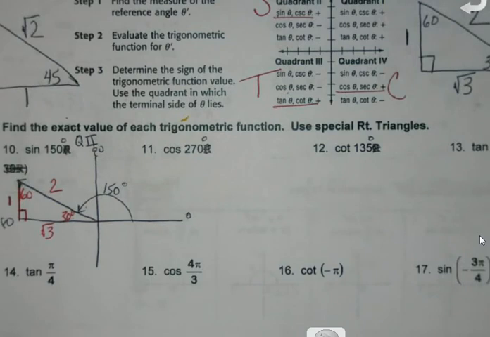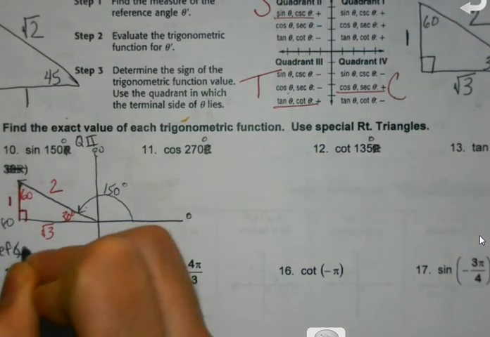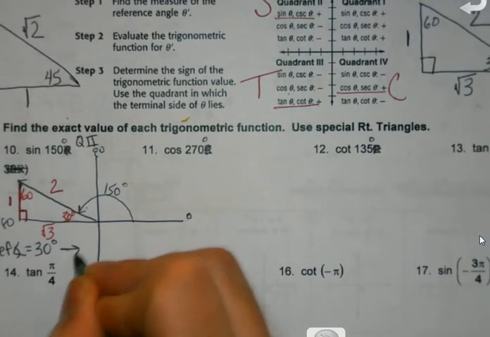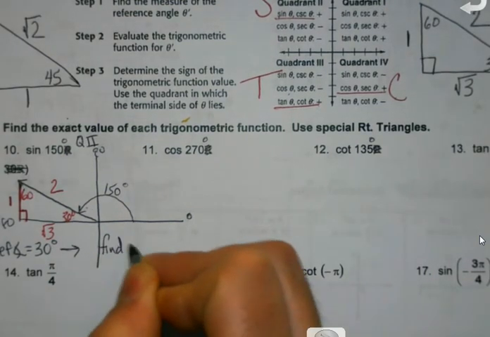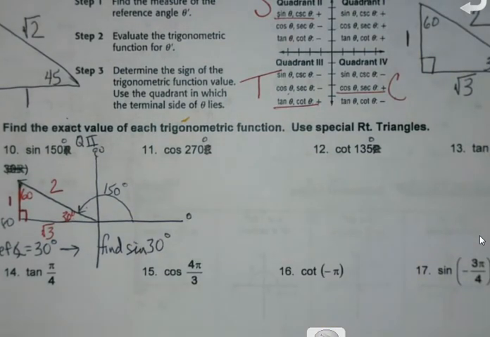So now what I'm doing is I'm actually going to find the sine of my reference angle. Because you're like, well, if I'm supposed to find sine of 150, I don't have a 150. Okay? Since my reference angle is 30 degrees, my job now is to find the sine of 30 degrees, because I would get the same answer, and I'll literally show that to you here in a minute.